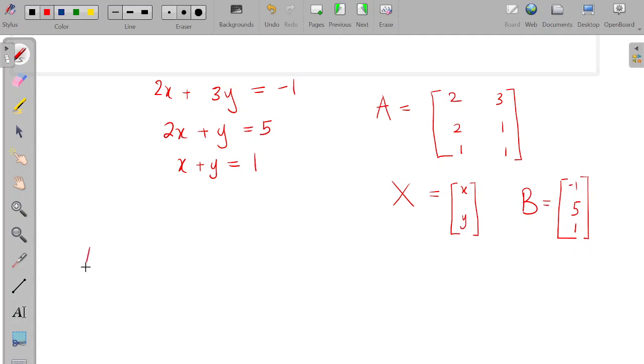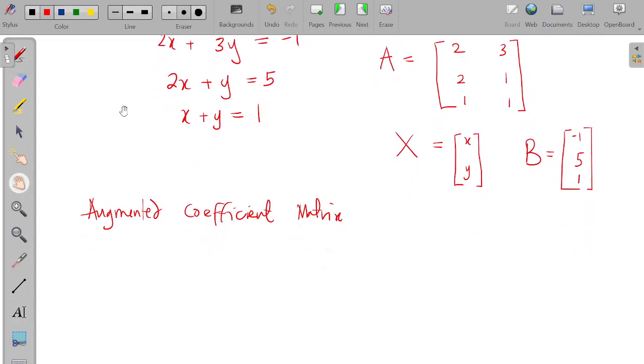Okay, so our augmented matrix is the combination of those two. So we now have 2, 3 in the first row, 2, 1 in the second, 1, 1 in the third, then we put a line there, -1, 5, 1.